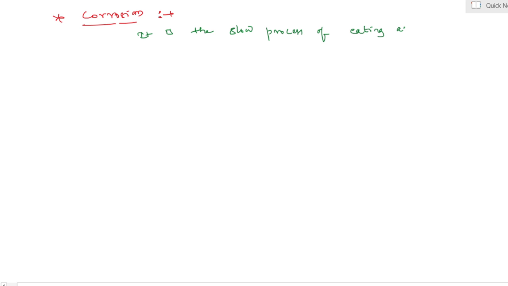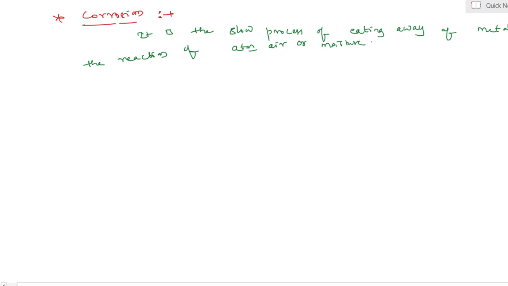Yes, my dear students, it is the slow process of eating away of metals by the reaction of atmospheric air or moisture, termed as what?